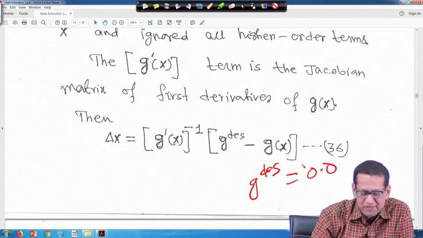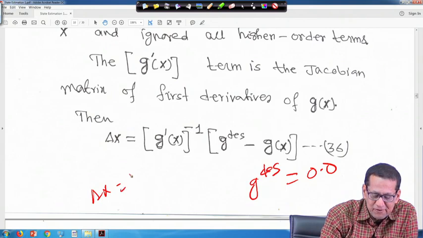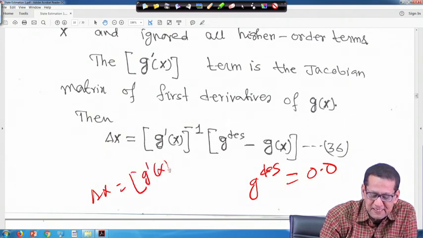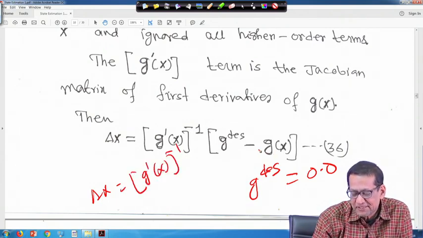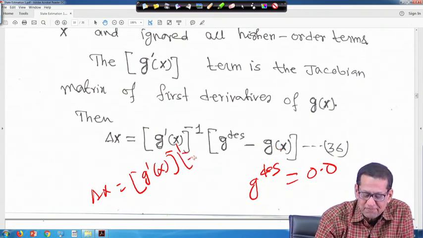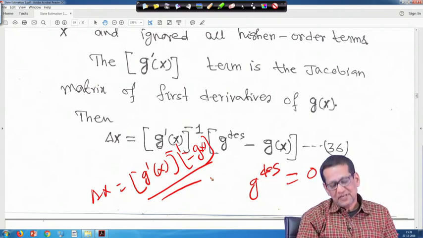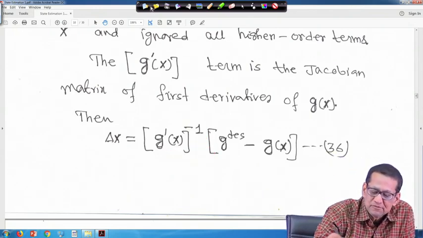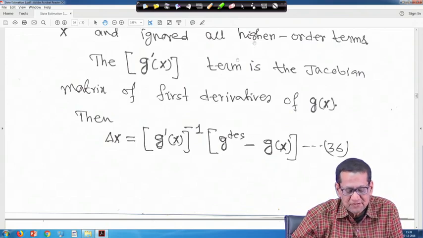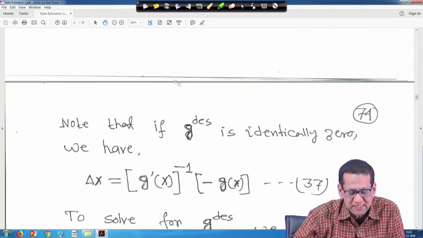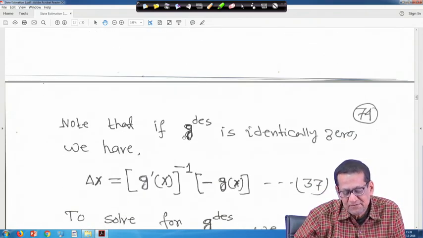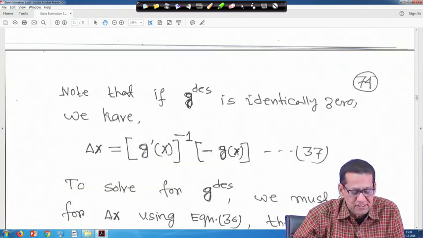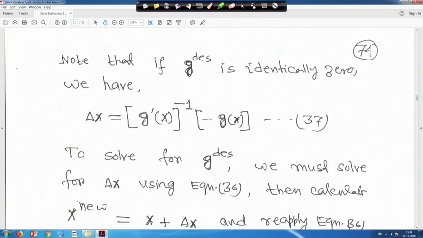In that case, delta x will be nothing but g dash(x) inverse multiplied by minus g(x). Note that if g desired is identically 0, then delta x is equal to g dash(x) inverse into minus g(x). This is equation 37.